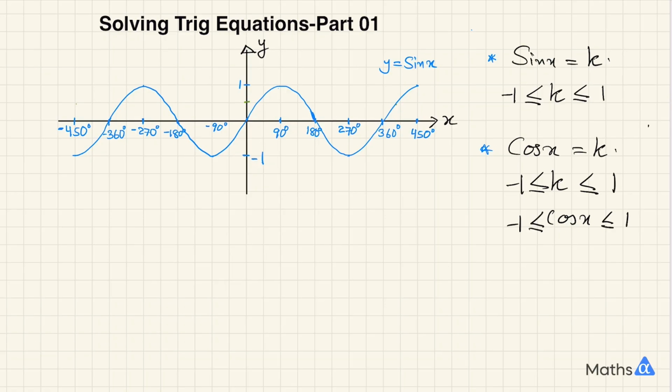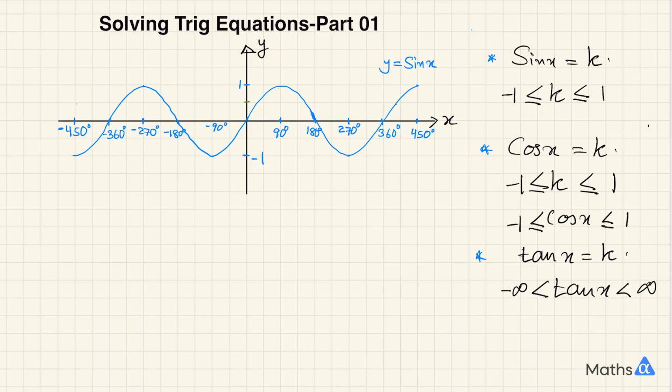The third case is a simple equation like tan x equal to k. Here this constant can be any real number, because tan x can take any real value between negative infinity and positive infinity.